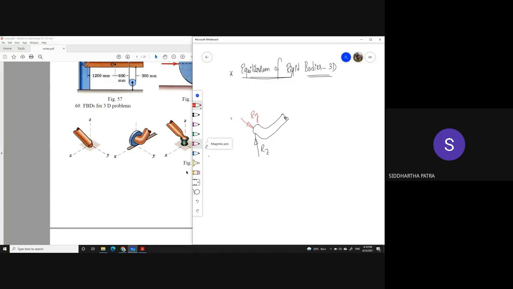Now when it comes to moment, can the object rotate about the y-axis? This is the y-axis. Yes, it is free to rotate about the y-axis. So no reaction moment about the y-axis. Can the object rotate about the z-axis?